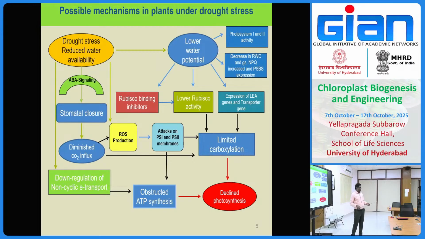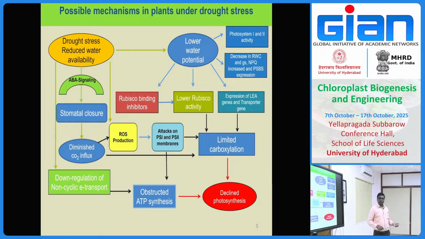CO2 flux is diminished, that means CO2 influx will be reduced, and photosynthesis gets affected. Reactive oxygen species, ROS, increase, which attack the photosystems and obstruct the synthesis of ATP.